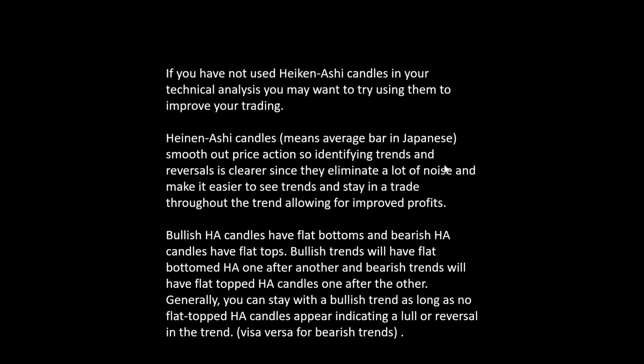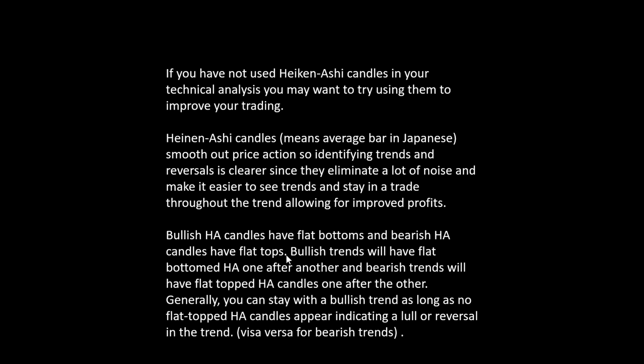A Heiken-Ashi candle is made up of the average of 2 candles. So it takes 2 regular candles to create the Heiken-Ashi candle. Now, there are some structures to the candlesticks that are going to be obvious when you see them. Bullish Heiken-Ashi candles have flat bottoms, and bearish Heiken-Ashi candles have flat tops.